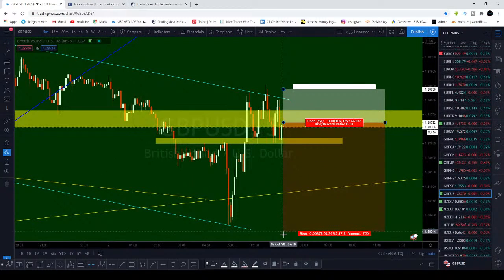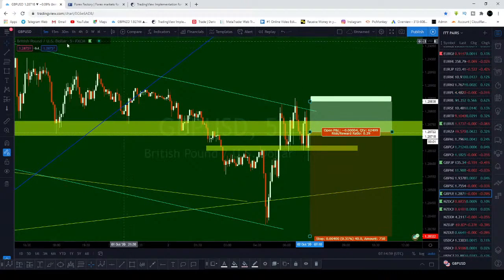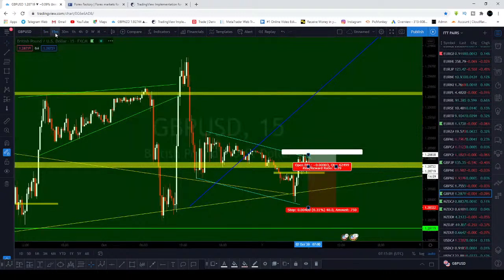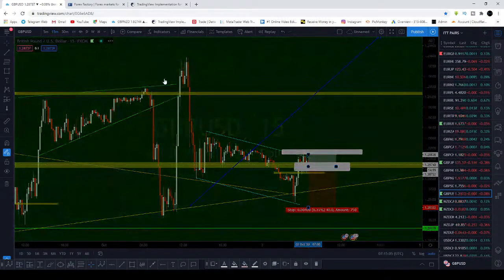And as you can see, stop loss is going to be 40 pips. Okay, so stop loss is going to be 40 pips for this particular trade, but I'm not supposed to be putting it right on the 5 minutes time frame.